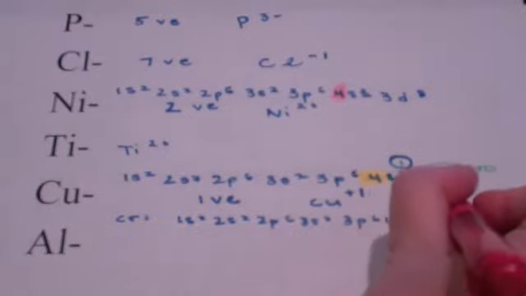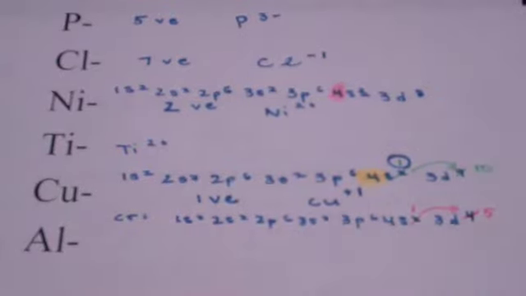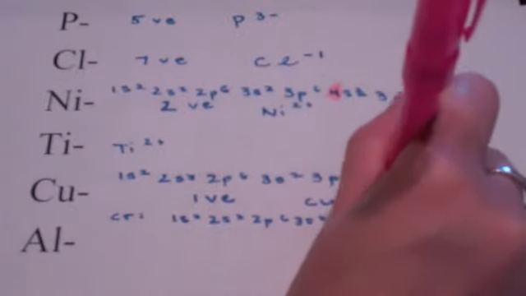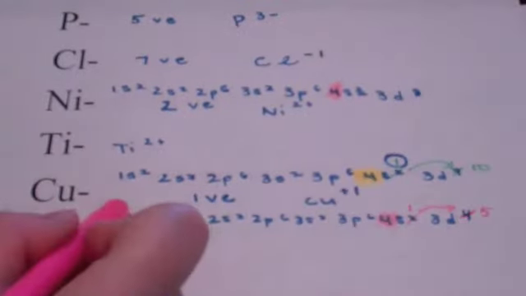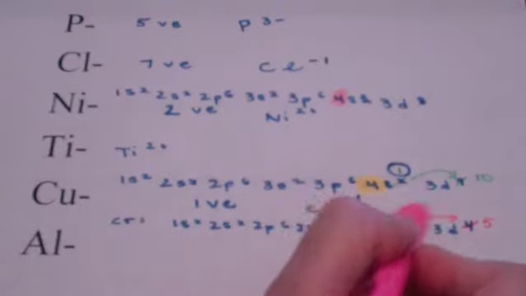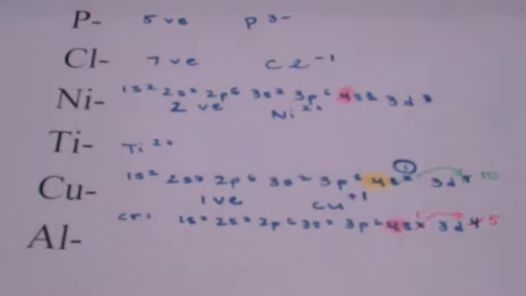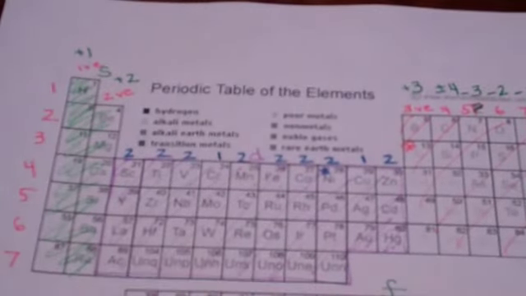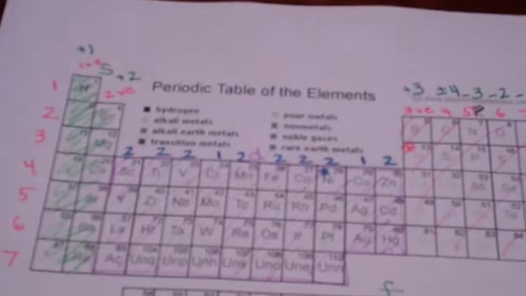And so what it's going to do is take one electron from the 4s, just like before, and give it to the 3D. So 3D is going to be half filled, and 4s is going to be half filled. So just like with copper, your chromium group is only going to have one valence electron as well. So I'm going to move this and put a 1 here. Alright, so this group will also have a +1 charge since it only has one valence electron.